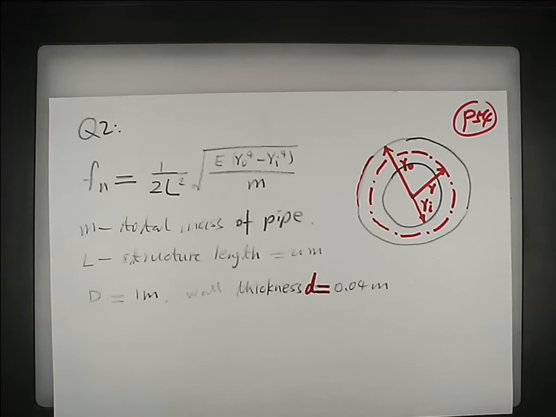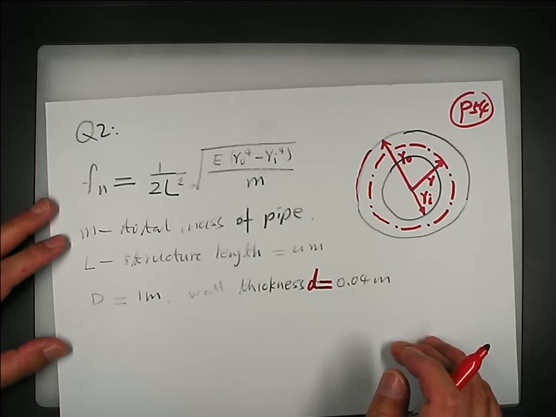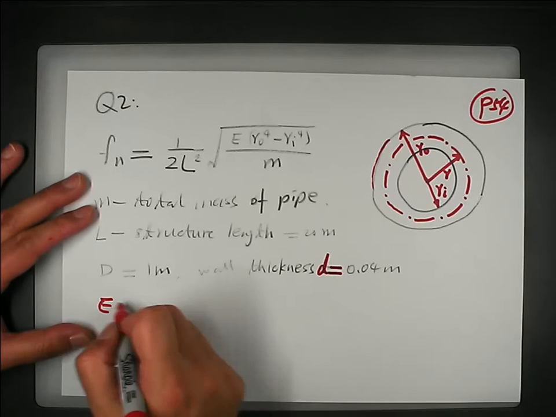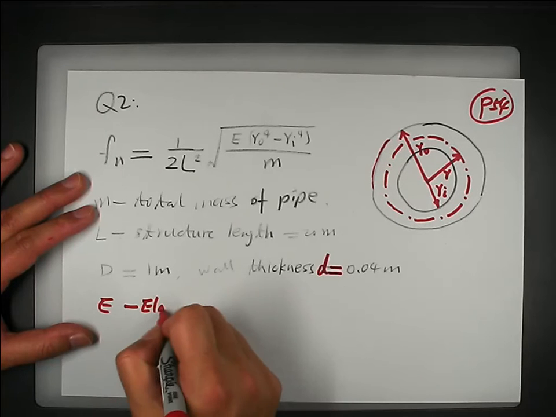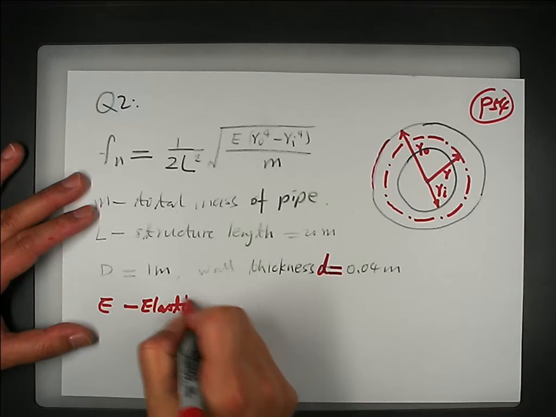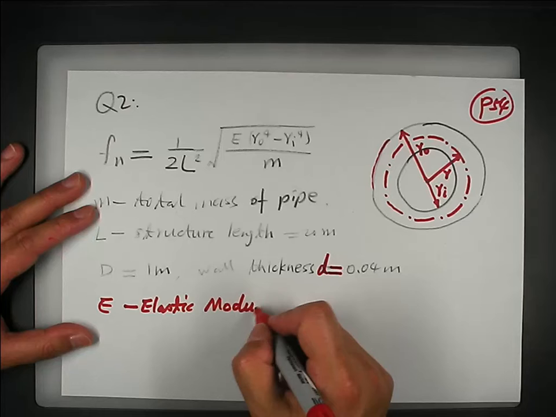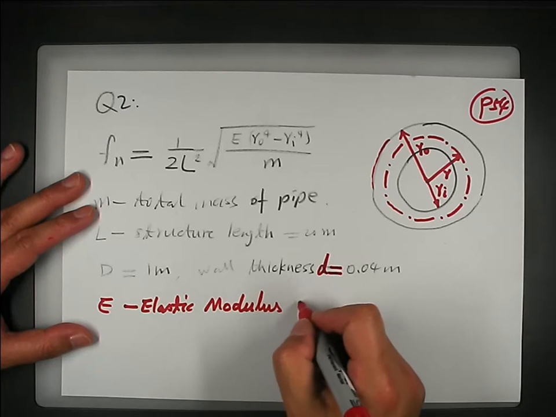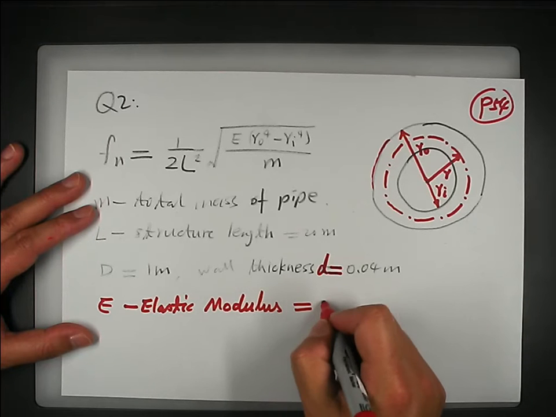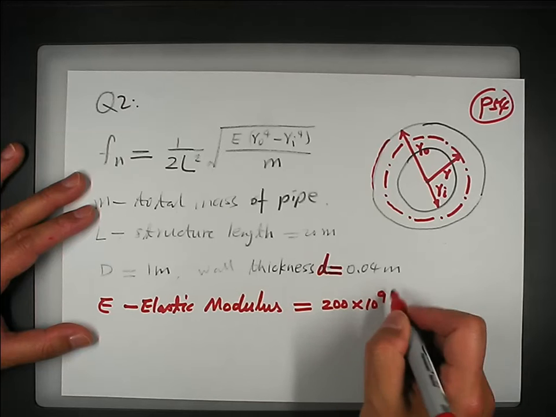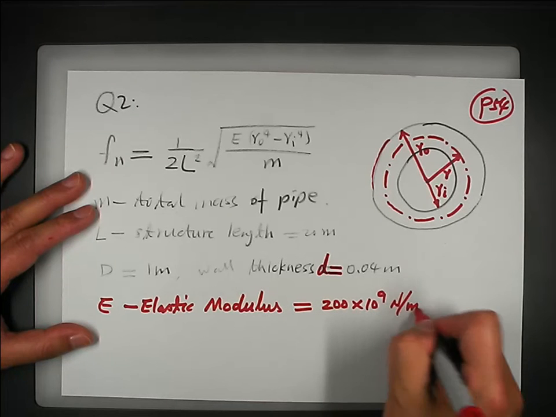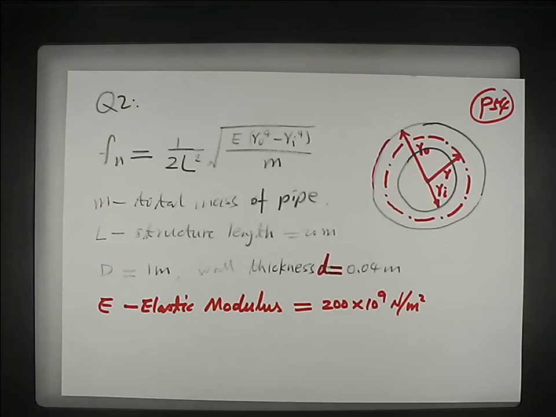And E is the elastic modulus, equal to 2 times 10 to the power 9 Newton per meter square.